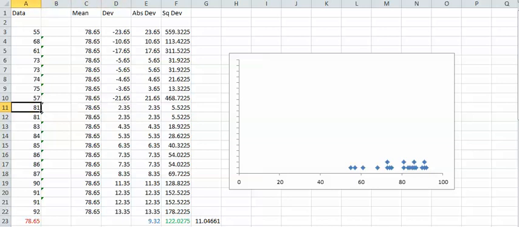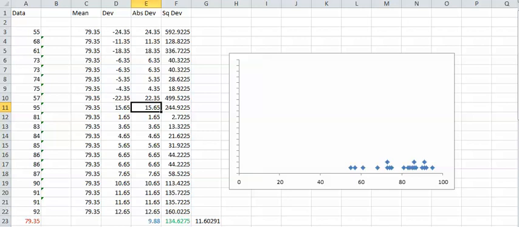But now, since I changed it, it's now 15.65 away from the mean. And when I move a number further away from the mean, like I did here, the absolute deviation goes up, like I just showed you. It went up from 2.35 to 15.65.